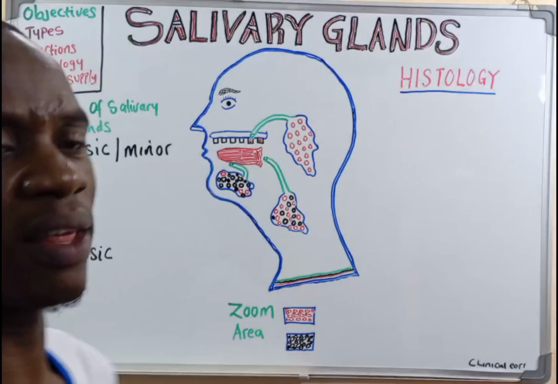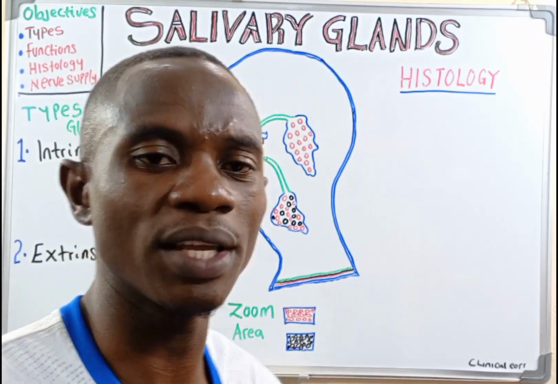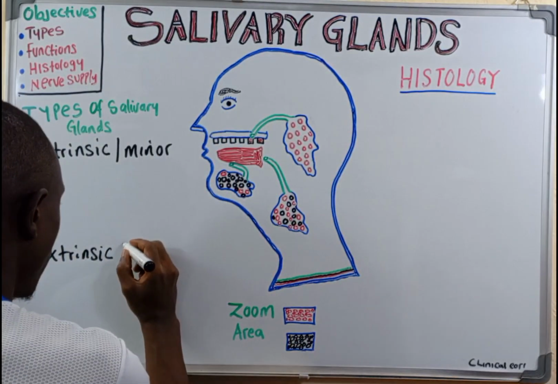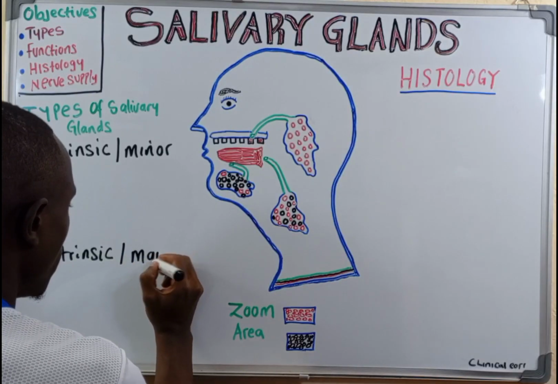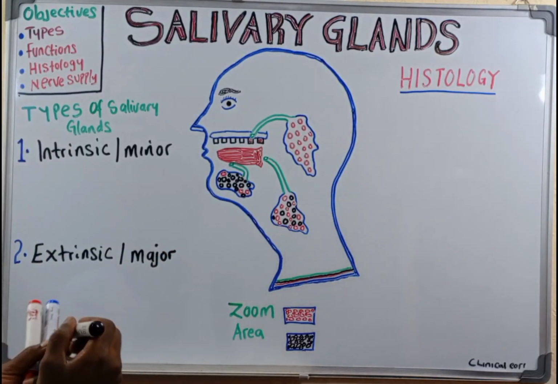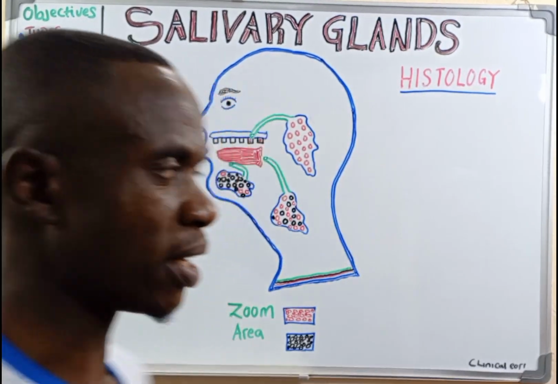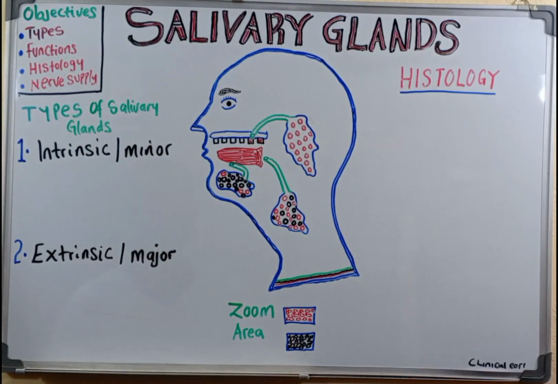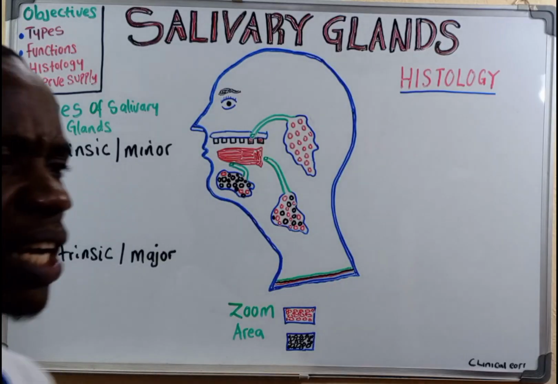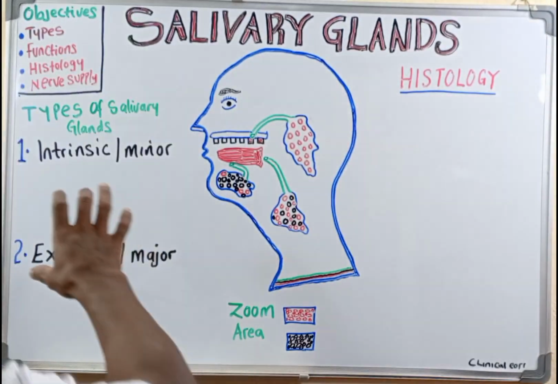You may find some other books and sources calling them the major salivary glands. These are the two categories of salivary glands that provide saliva. Now let's see the examples of these types of salivary glands.